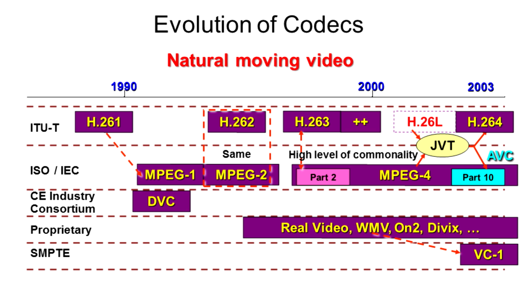In 2003, a joint video team of researchers developed what is now known as H.264, or Advanced Video Coding, or MPEG4 Part 10. All of these names mean the same.